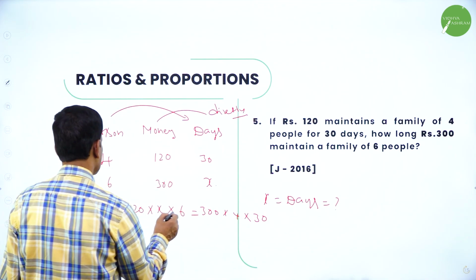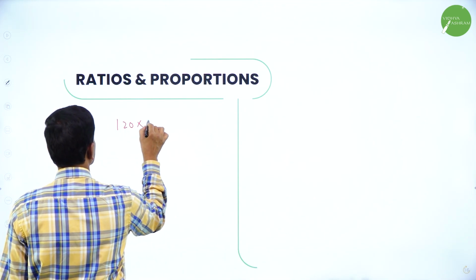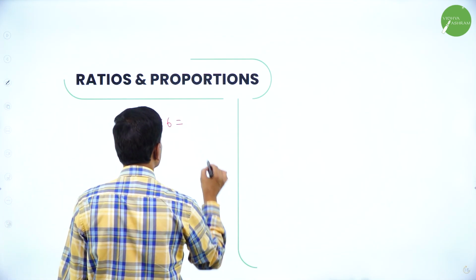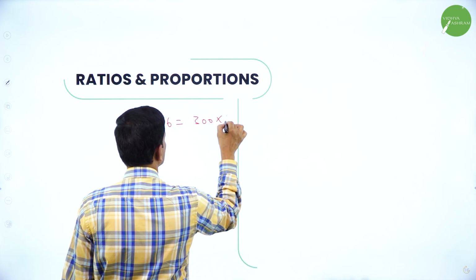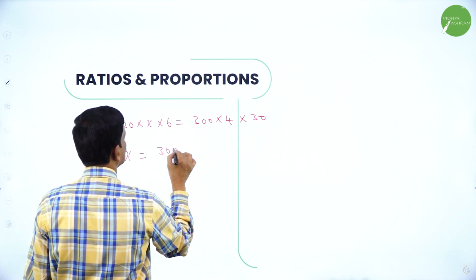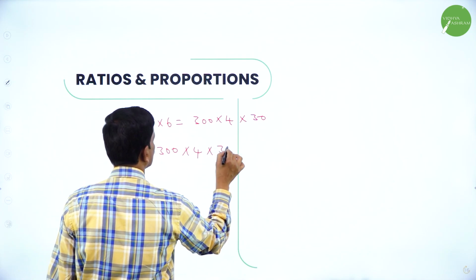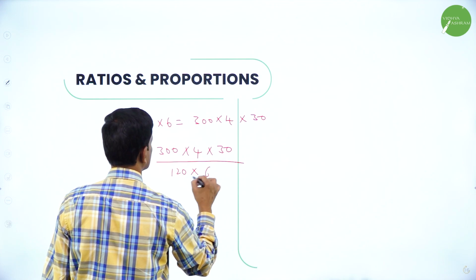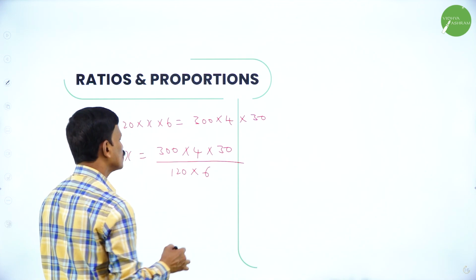Okay. So that is 120 into x into 6 is equal to 300 into 4 into 30. So therefore x is equal to 300 into 4 into 30 divided by 120 into 6. So what is this equal to?